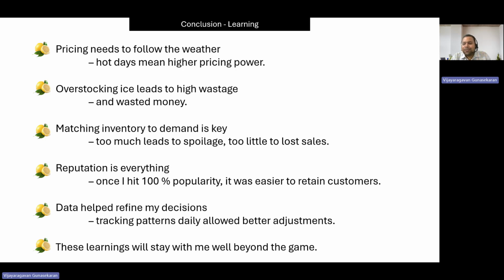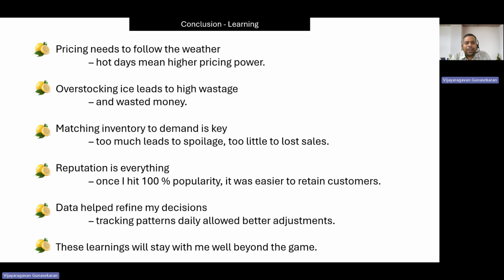When the temperature is 33 degrees, you can go for premium pricing. If the temperature is lower, like 15, 16 degrees, you have to go to a lower price like 20, 25. Don't go for a loss. Get the exact equivalency with the $1, or 1 cent or 2 cents higher than your inventory pricing. That will be a good bet.